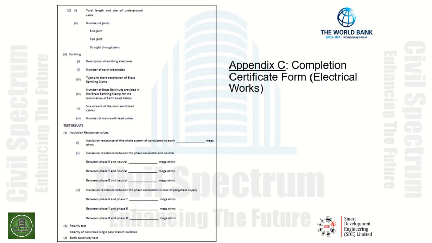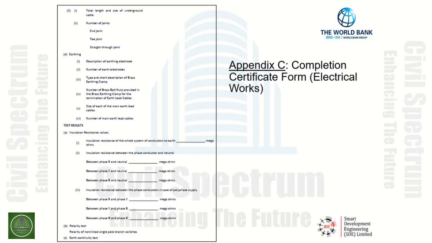Continuing the completion certificate form, item 2, total length and size of underground cable, number of joints, end joint, T-joint, straight through joint, requires a numerical value for the number of these joints in every case.